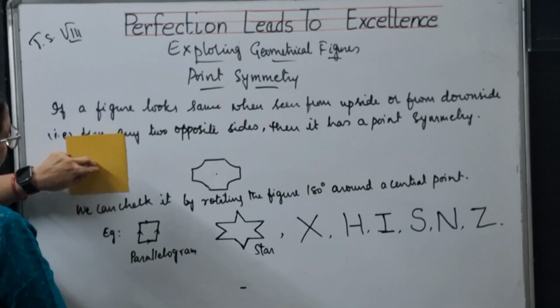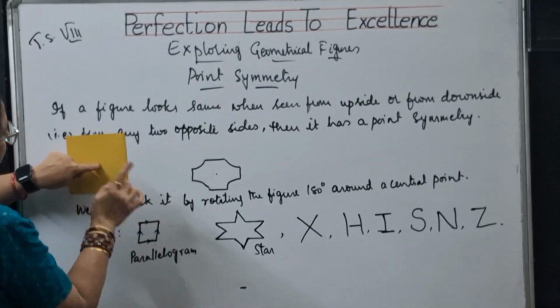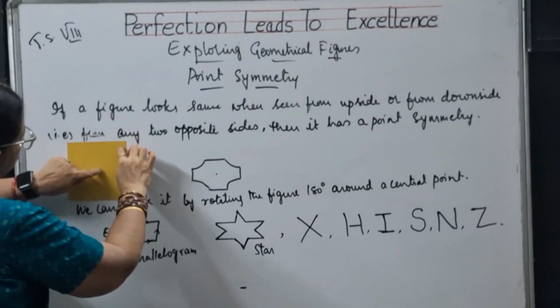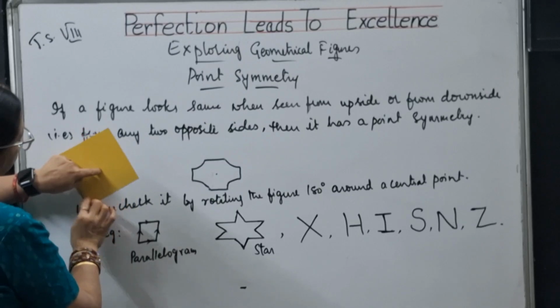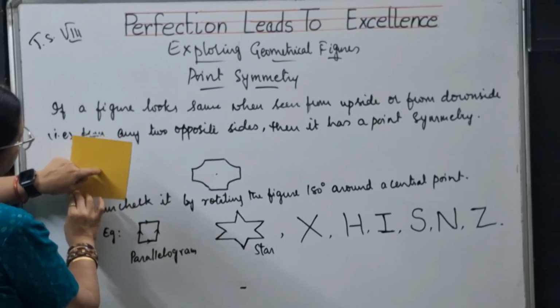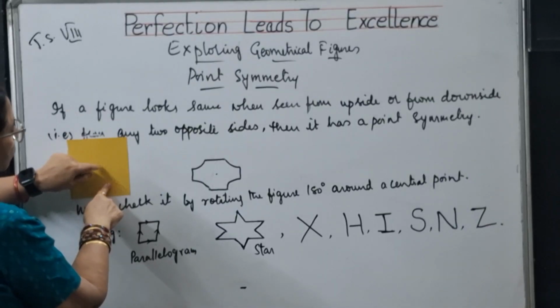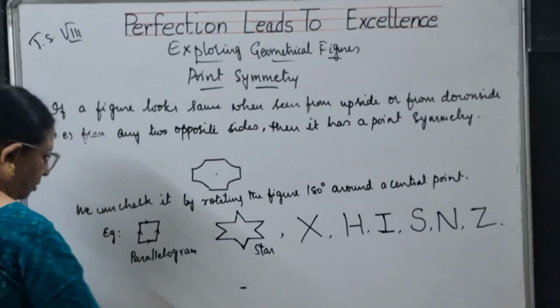It is not changed. At the center point, if you are rotating, the shape will not change. It is 180 degrees when you rotate it from the central point like this. The shape of this figure is not changing. This kind of ones are called figures which are having point symmetry.